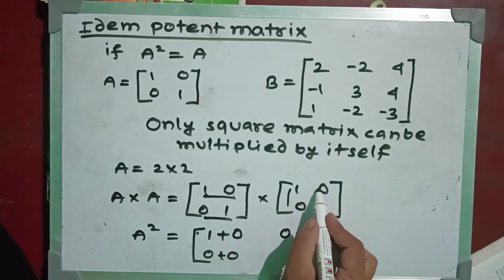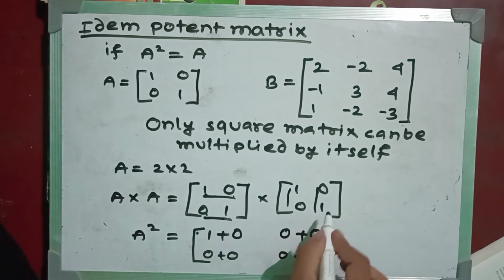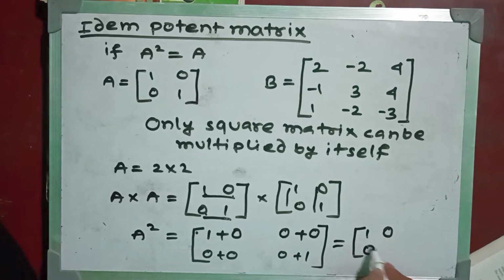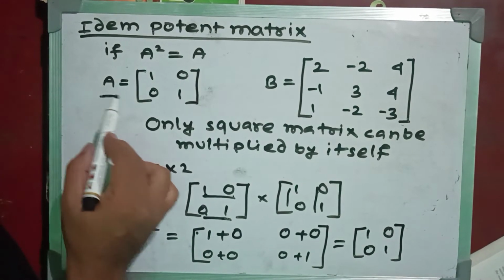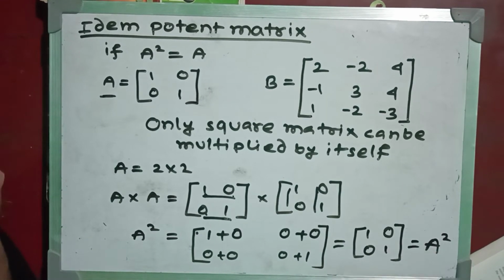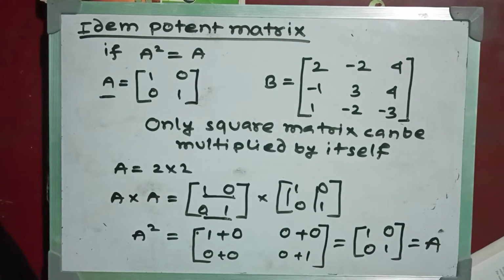Second row second column, 0 cross 0 plus 1 cross 1, that means 1. So the result is coming as 1 0 0 1. So it is exactly the same as A. We have taken A as 1 0 0 1, so that is A. So an idempotent matrix is one where, if we square the matrix, we get the same matrix.